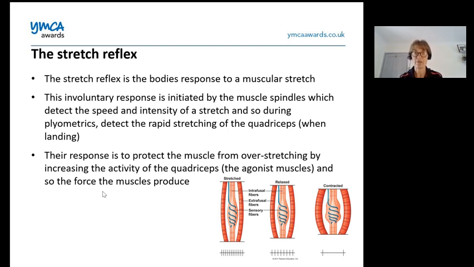Think about that plyometric jumping: it's going to detect the rapid stretch of the quads when landing, and the response of those muscle spindles is to contract the quadriceps even harder, increasing the activity of the quads to prevent overstretching, and so that increases the force of the muscles. You can see in that little image how, when it's stretched, that's when you've got all the firing. The little lines at the bottom show how much firing is going to happen, as opposed to when it's relaxed or contracted.